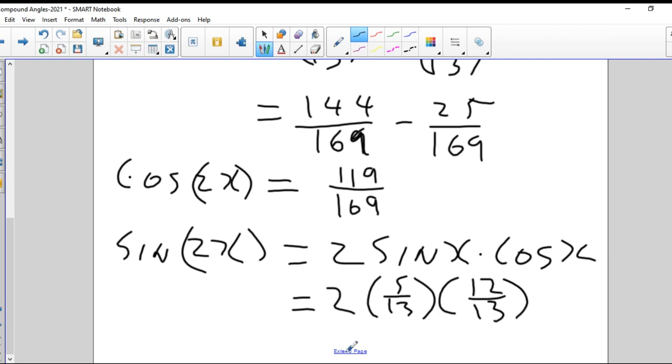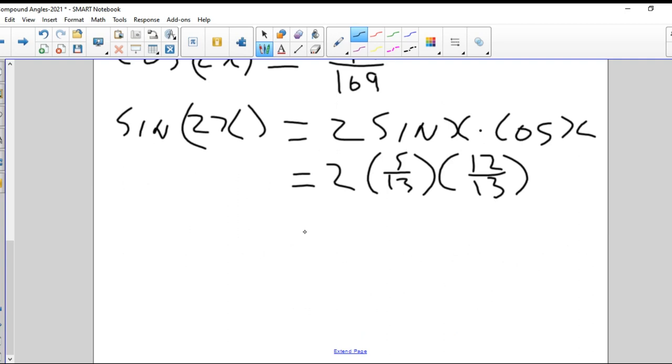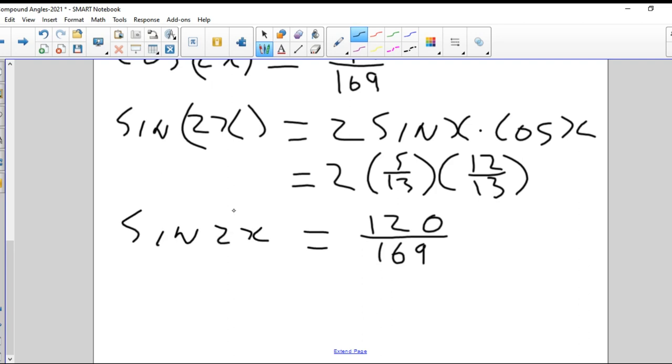So 2 times 5 is 10, times 12 is 120, all done in my head, folks, over 169. And that's my answer for the sine of 2x.